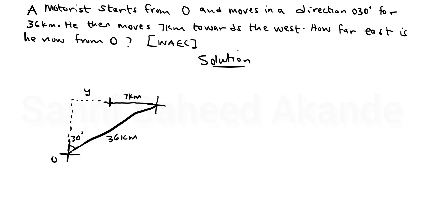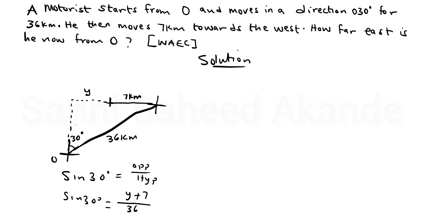So sine 30 will be equal to opposite over hypotenuse. Then sine 30 degrees will be equal to, my opposite is y plus 7. That's the total length of the opposite, divided by the hypotenuse, which is 36 kilometers.